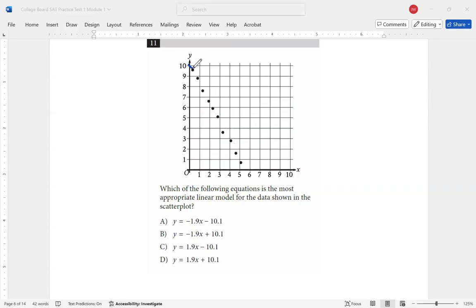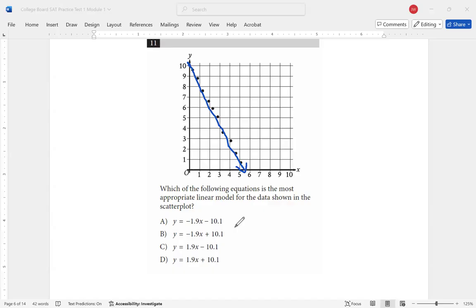So if I were to create a linear model, I don't know what exactly it's going to look like, but it's going to move down on average. And also it looks like it's going to cross a little bit above 10. So the most appropriate linear model is going to have slope, which is negative, and is going to have a y-intercept of 0 and then a little above 10.